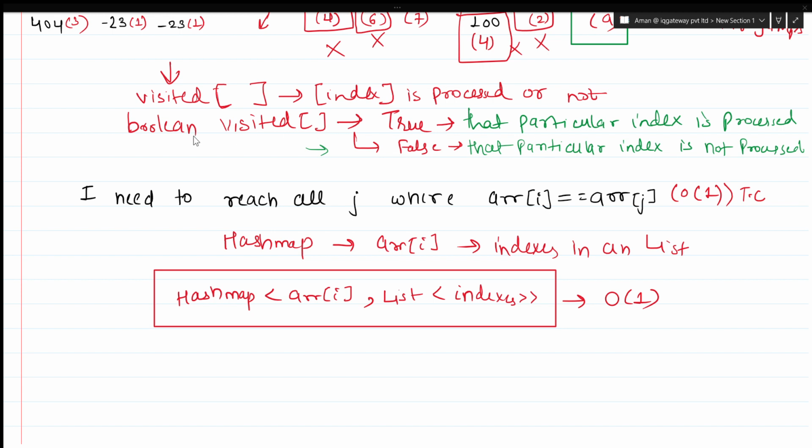Now I was getting TLE in some large test cases. So to reduce that, if I visited one index, I do not have to visit it again. For that, in the map reference list, I am clearing that list, so there will be no index present that I need to visit again after I reach that particular index.